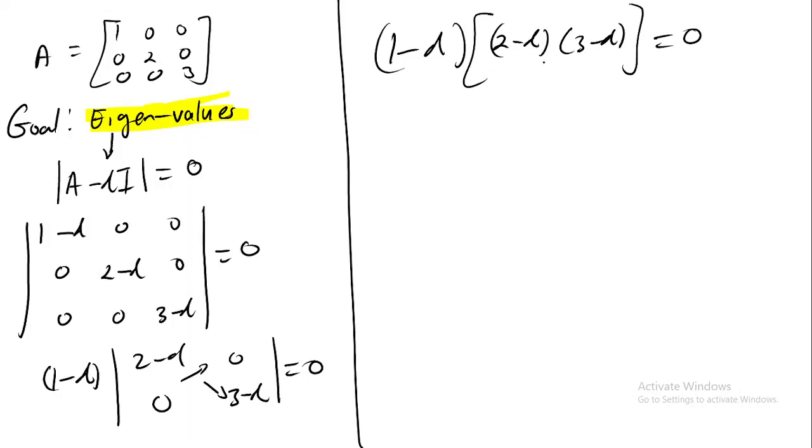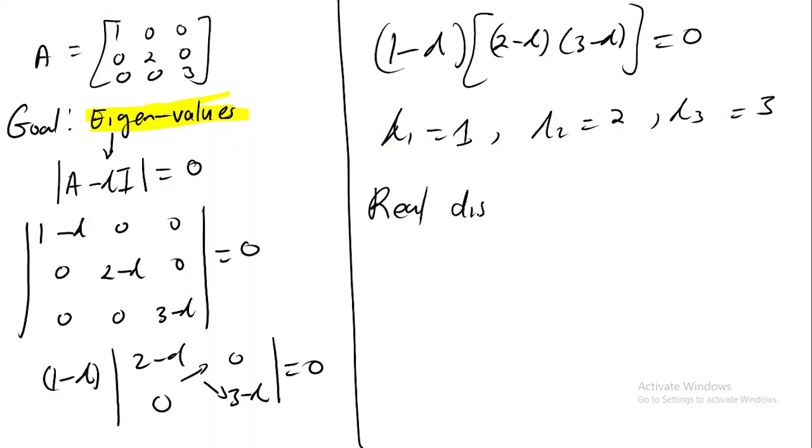So you can just write the value of lambda 1 as 1, lambda 2 as 2, and lambda 3 as 3. And what can you say about the nature of your roots? You have real distinct eigenvalues.